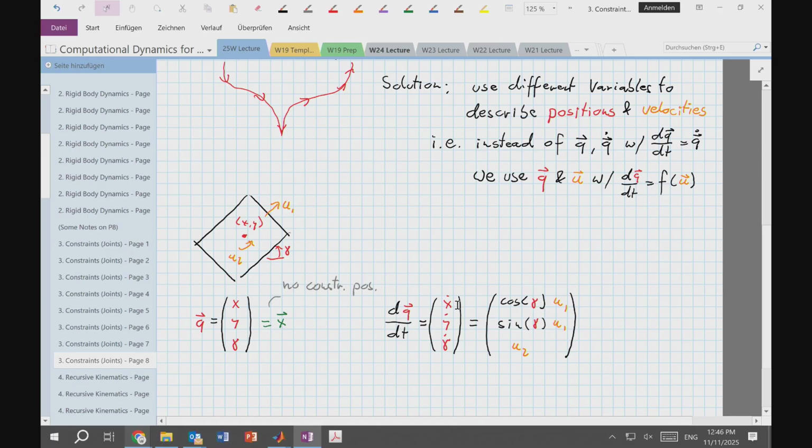So from a dynamics perspective, it doesn't make a difference for forward dynamics either, because I would get accelerations, I integrate them, and then in the integration, I just have to make sure that I do not integrate u, but I take u through this function to get the time derivative of q, and then integrate that against time.